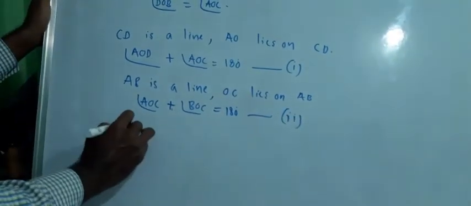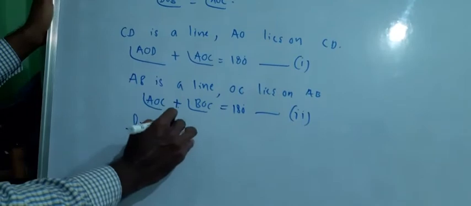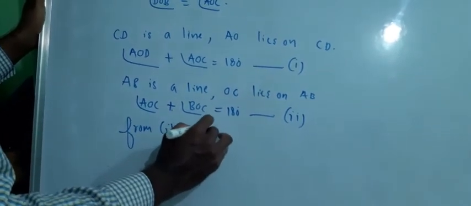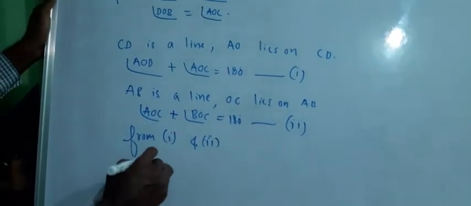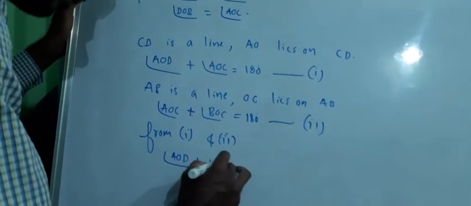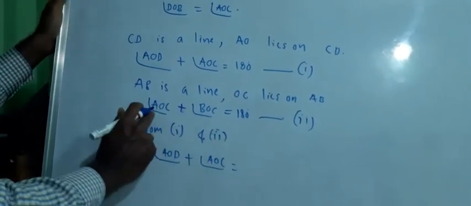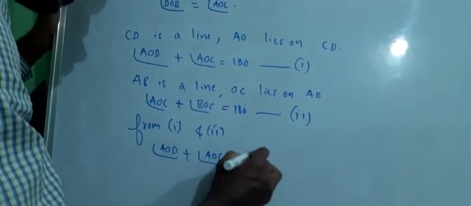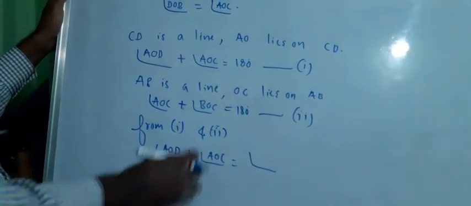From 1 and 2, what can I write? Angle AOD plus angle AOC is equal to angle AOC plus angle BOC, because both are 180 degrees, so I can equate the equations.